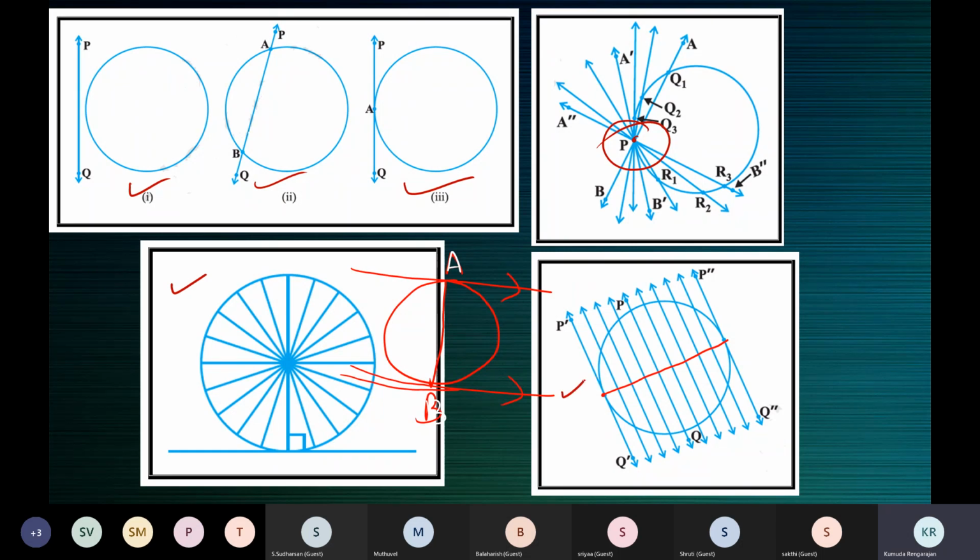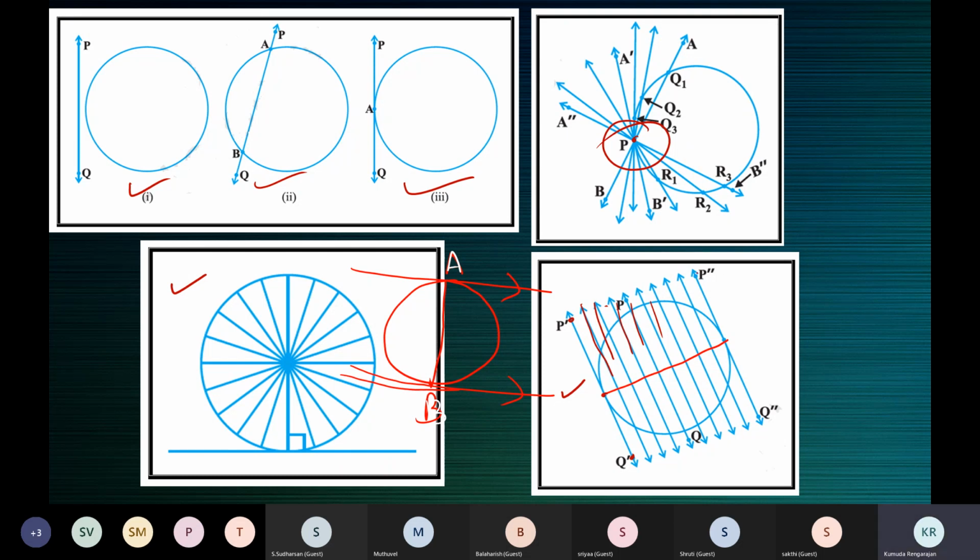In this figure, P dash Q dash is a tangent to the circle at this point. We can draw many lines parallel to the tangent P dash Q dash, and those lines will be secants to the circle. So you can draw many secants parallel to the given tangent P dash Q dash.